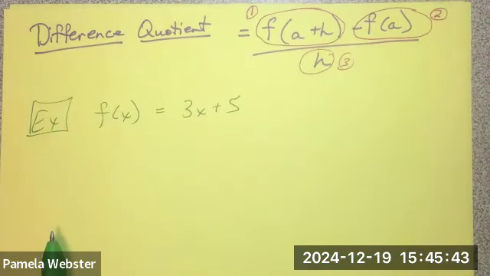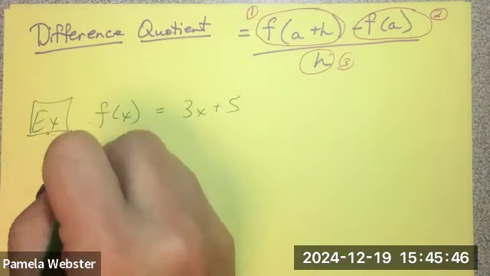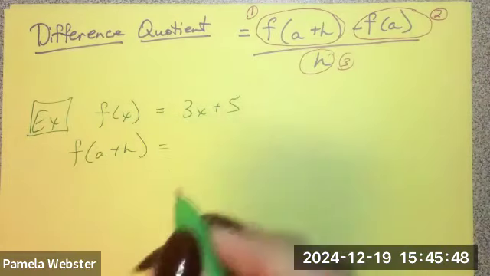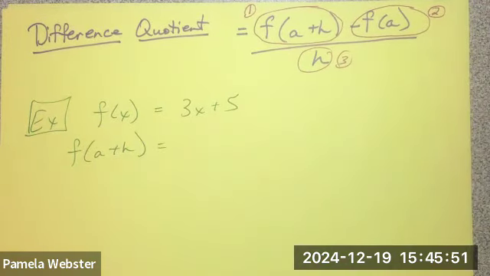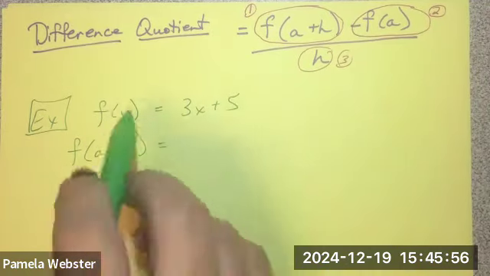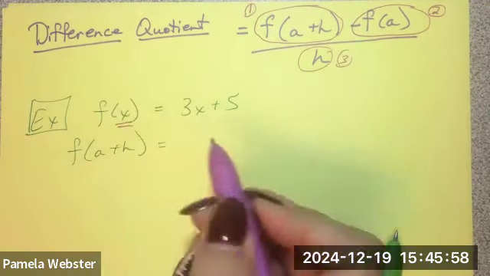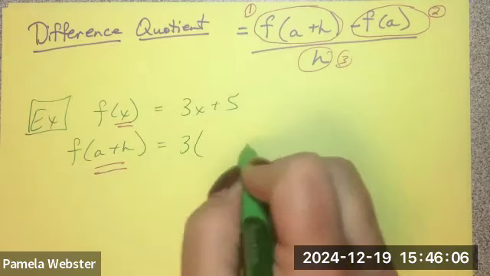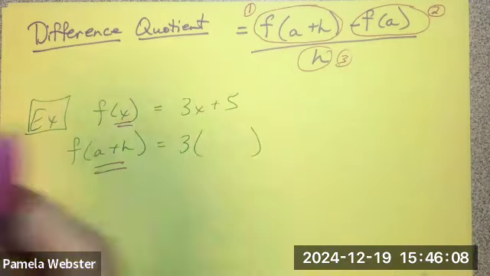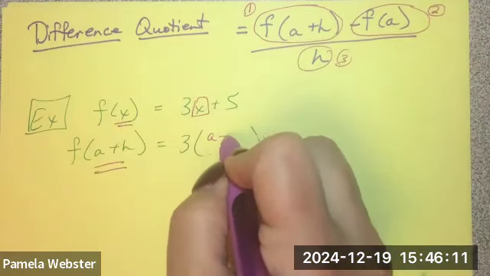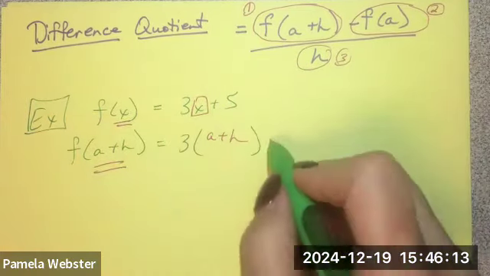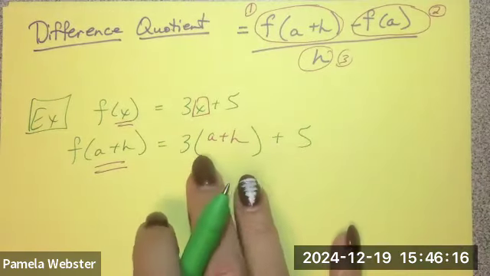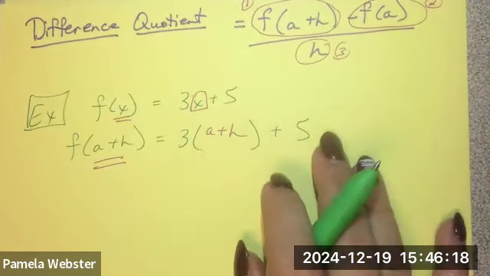Okay. So first up, we've got to figure out what we can do with f of a plus h because that's a little bit different. And this is actually the step that bugs the most people, this substitution. So remember what we said. Earlier we had an x, now we're putting in an a plus h. So over here, everywhere that I see an x, I'm going to put parentheses and put in a plus h. So this turns into 3 times parentheses a plus h plus 5.